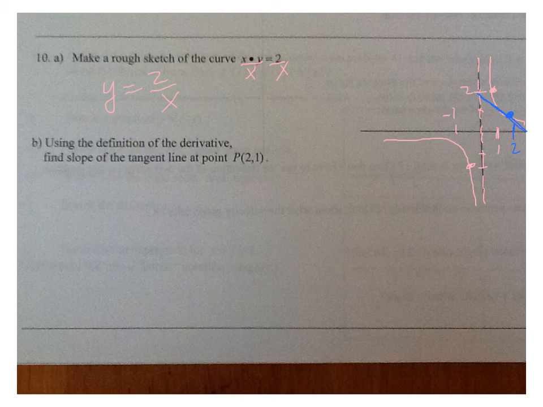Okay, and the definition of the derivative is, as you know, the derivative is the limit as h approaches 0 of f of x plus h minus f of x, all divided by h.